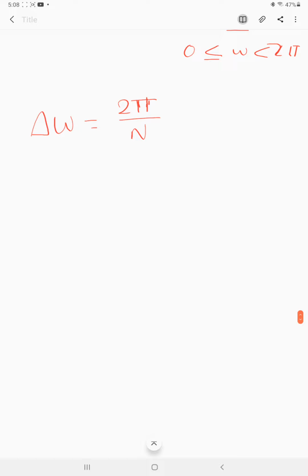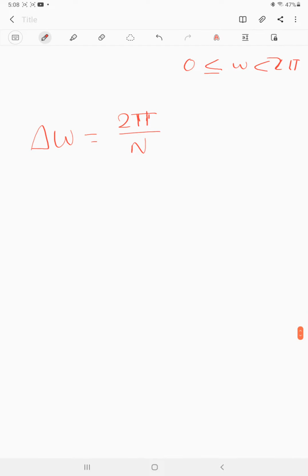What we will get? We are replacing in equation 1 with omega equal to 2 pi by n into k, where k is nothing but a range between 0 to n minus 1.